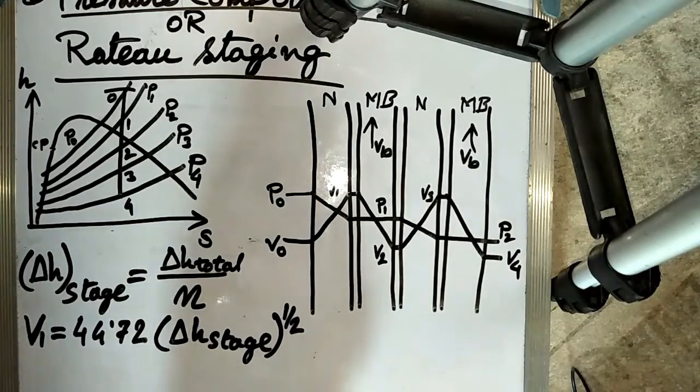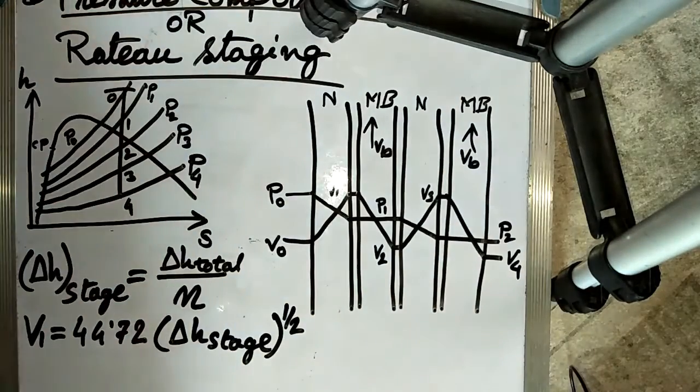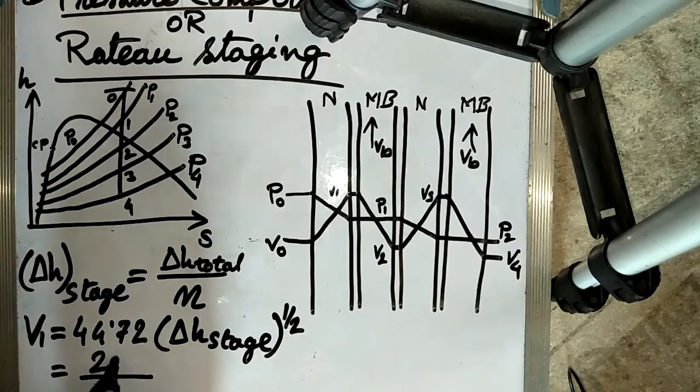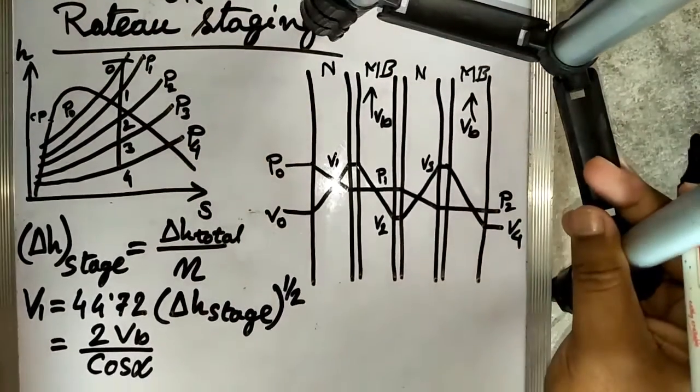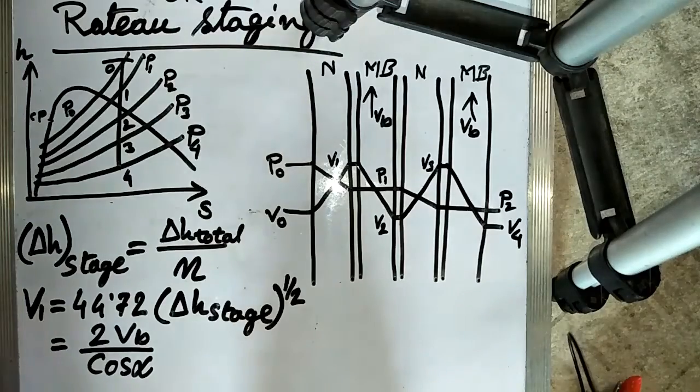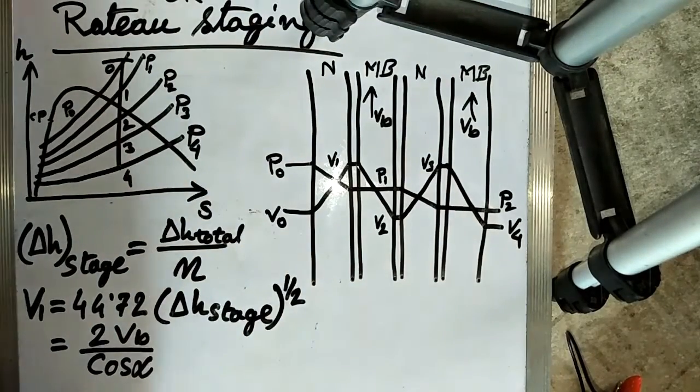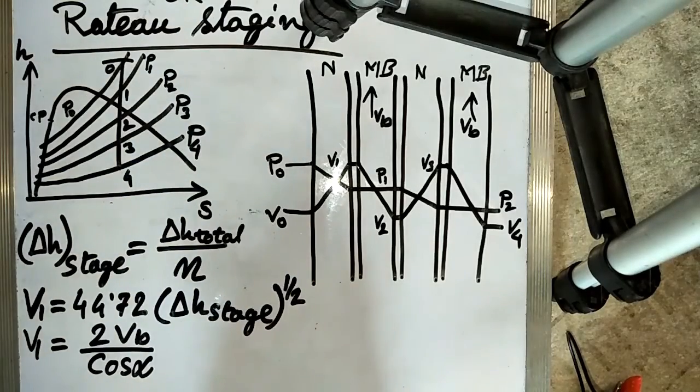And we know that this equals 2 into Vb by cos alpha. This is the relation of V1, Vb and cos alpha, which we have written several times.